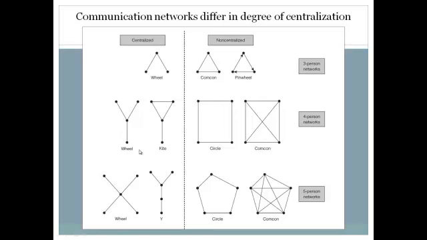Here are some illustrations of centralized and non-centralized networks. And again, you can see in the centralized ones, there's one person in the center here, one person in the center here, one person in the center here. These represent centralized communication networks.